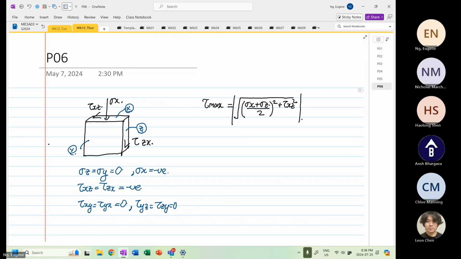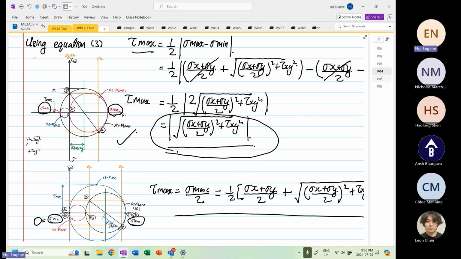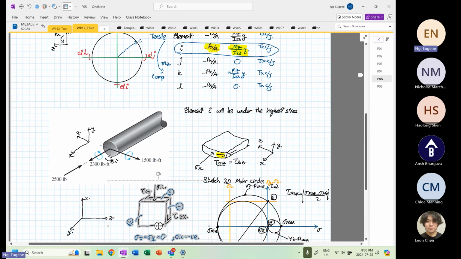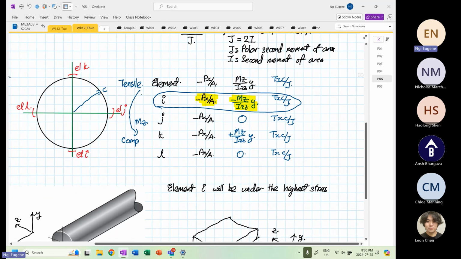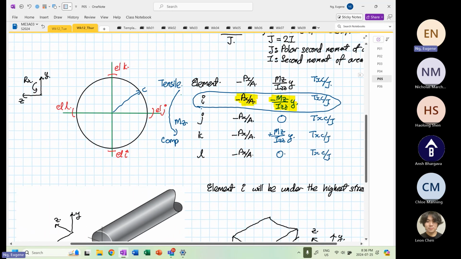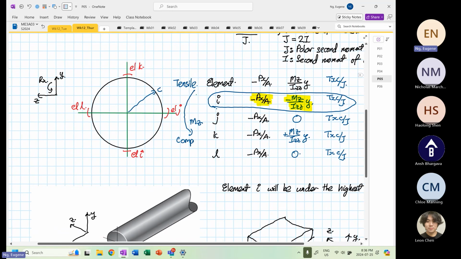Okay. Right. So now that is the analysis. The critical part of this problem is the analysis. If you don't know how to do the analysis, that's where the problem comes. When I say analysis, you have to identify where the maximum shear stress will occur, or sorry, which element has the highest loading.